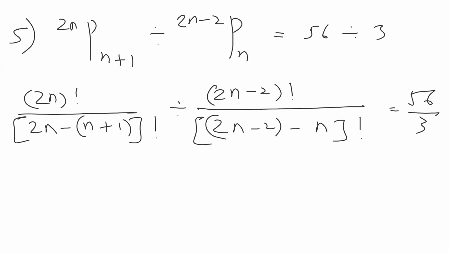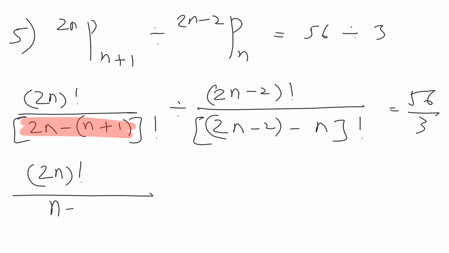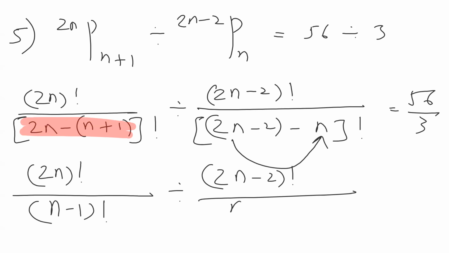Okay, some simplification. 2n factorial upon the value of this bracket will be n minus 1. 2n minus n is n, minus into plus is minus, so n minus 1 factorial, divided by 2n minus 2 factorial upon 2n minus 2 minus n, which is n minus 2 factorial, equal to 56 divided by 3.